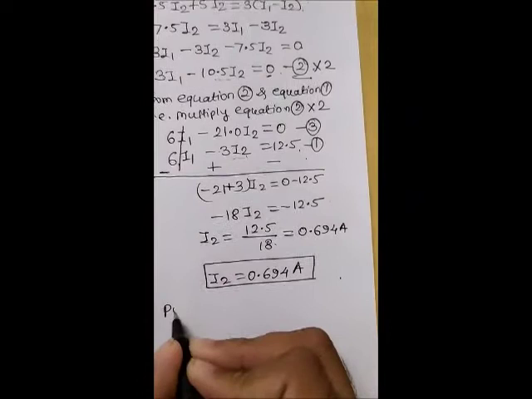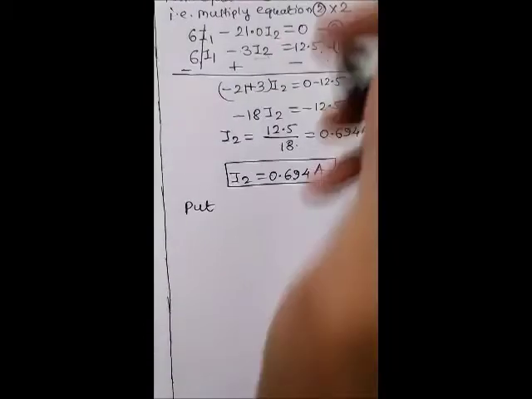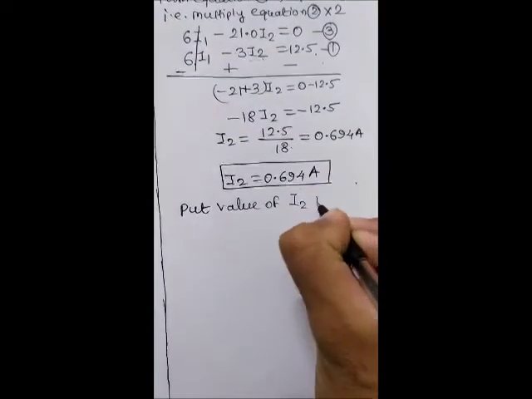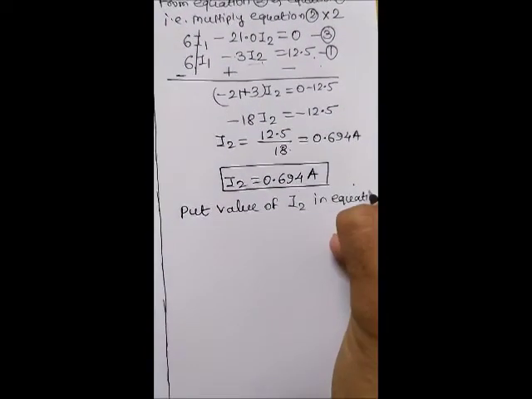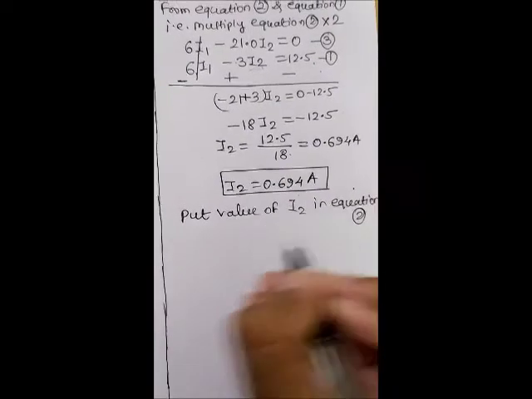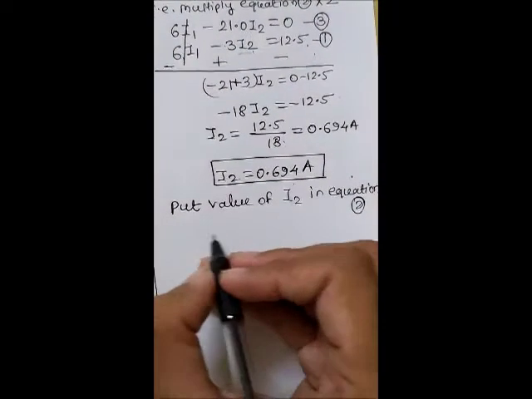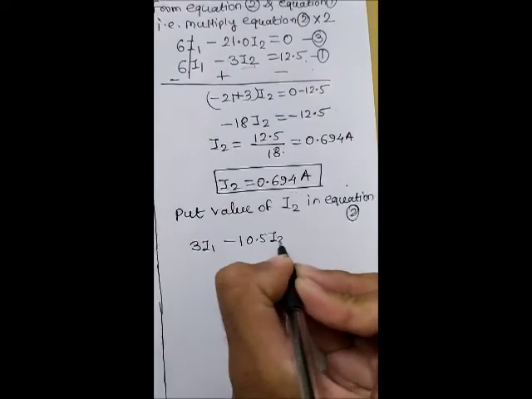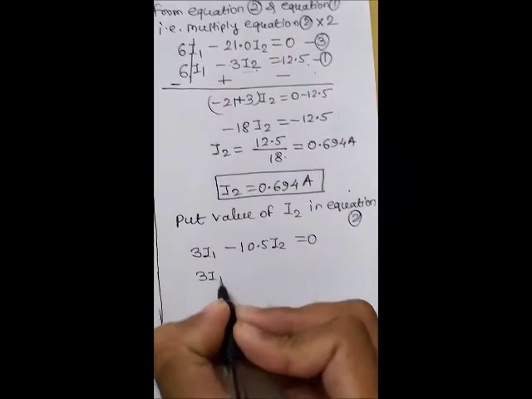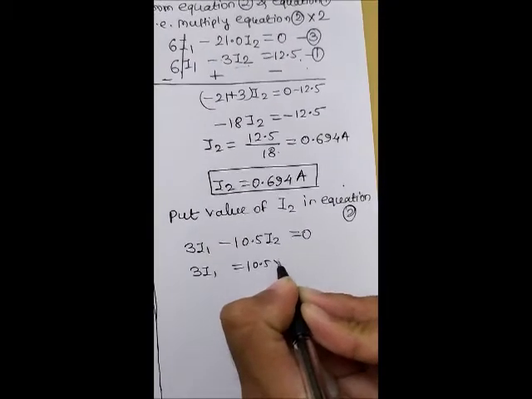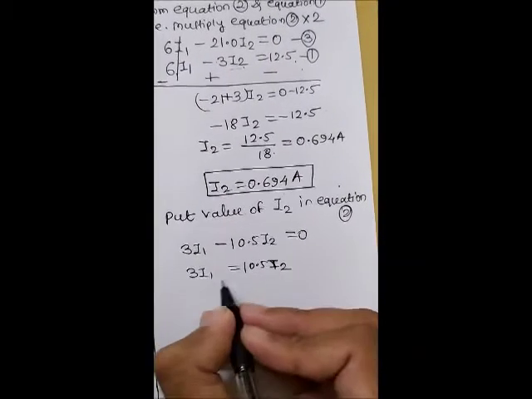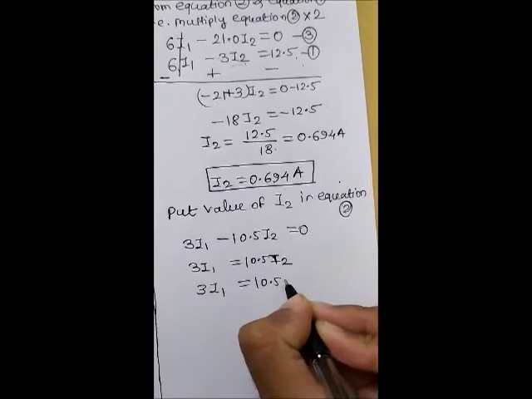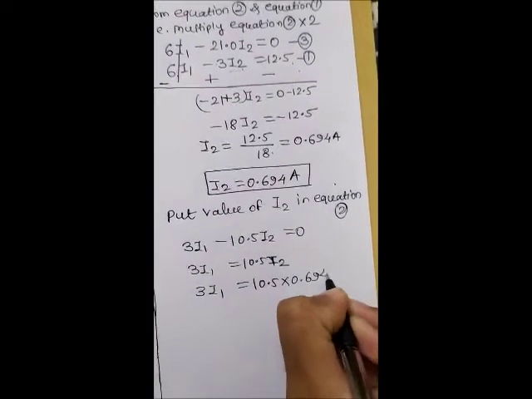So put the value of I2 in equation 2. I will write down equation 2 here again. 3 I1 minus 10.5 I2 is equal to 0. 3 I1 is equal to 10.5 I2, and put the value of I2 here. 3 I1 is equal to 10.5 into 0.694.